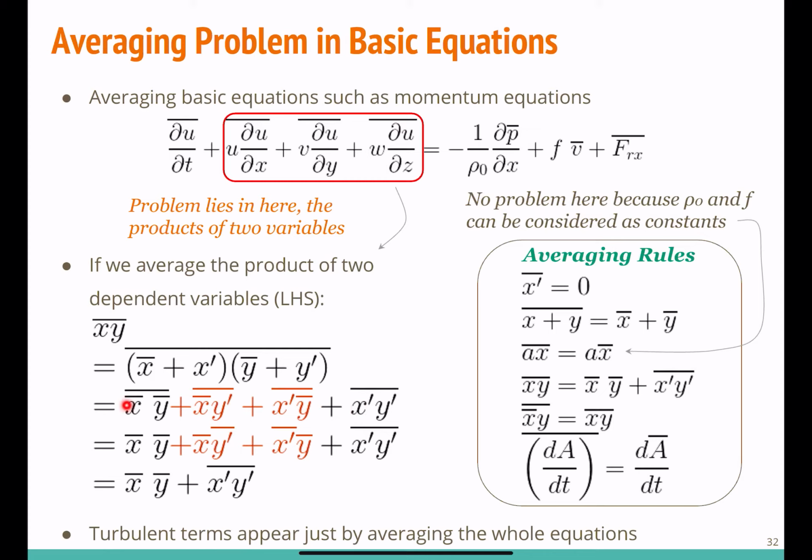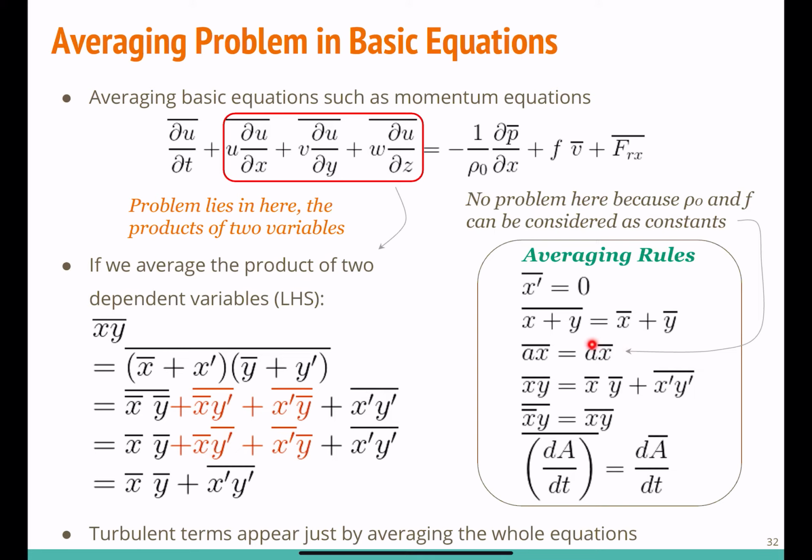Okay, and for this one, it's very easy because they're both averages. This average doesn't mean anything because they are already constants in here. So we just get rid of the top overbar in here. Okay, and for the second term, this overbar will fall onto the turbulent term because this one can be treated as constant.